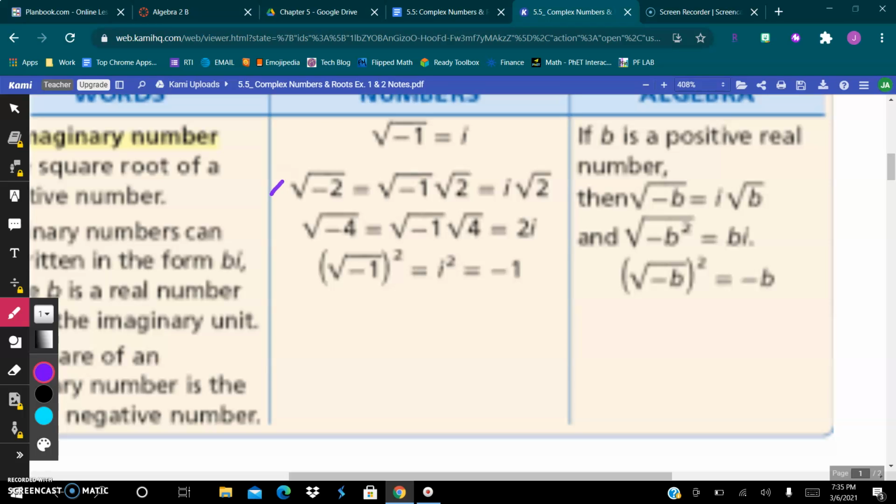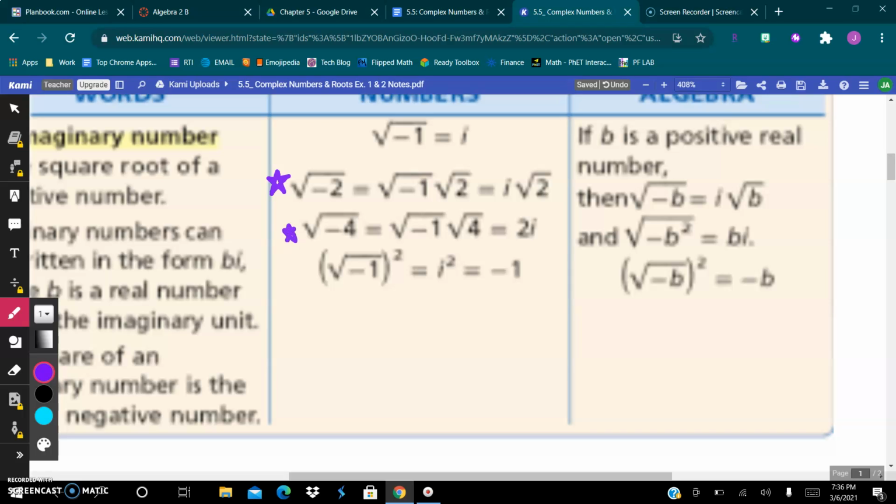Here is where I show you how to break them down. The square root of negative 2, if I broke it into two problems, that negative sign is really a negative 1, and then we have 2 left over. We can interchange the square root of negative 1 with i, so then we just have i square root of 2. The same thing here with negative 4.